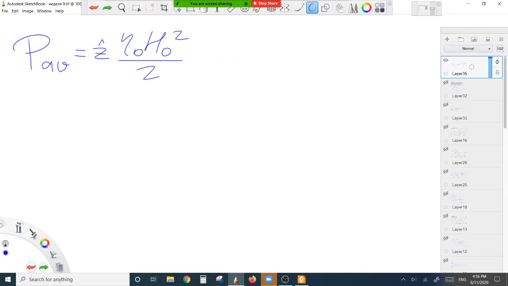Now we may put the numeric values and compute.